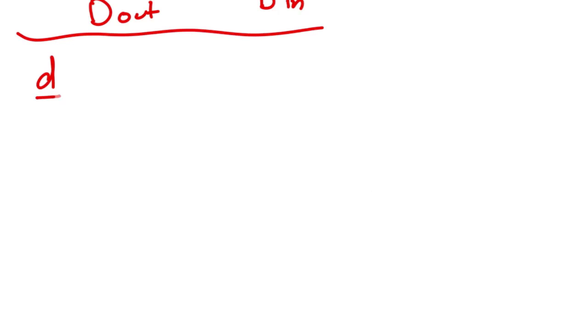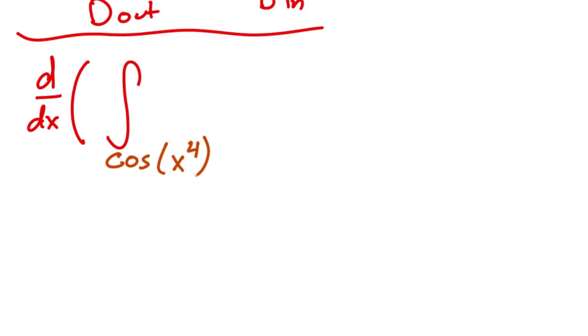Let's say we want to find the derivative of the integral. Let's get really crazy. Let's go from, how about, cosine of x to the fourth to tangent of x squared.